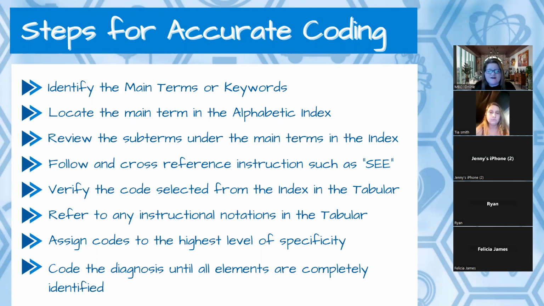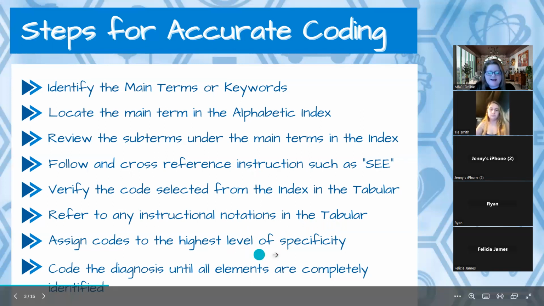You want to verify the code selected from the index in the tabular. Always, always, always verify. You never stop at the index. Never. Refer to any instructional notations in the tabular. Remember, I told you it's very important to read around your code. Follow that section maybe to the beginning to see if there's any additional information you need to know about those codes.